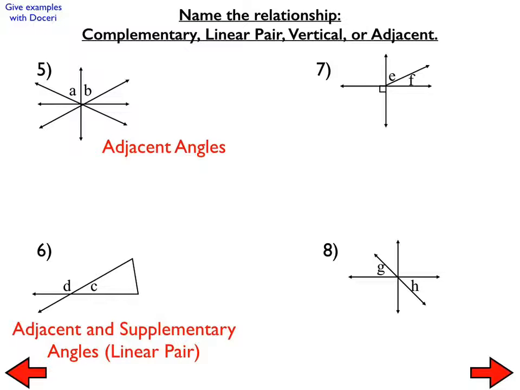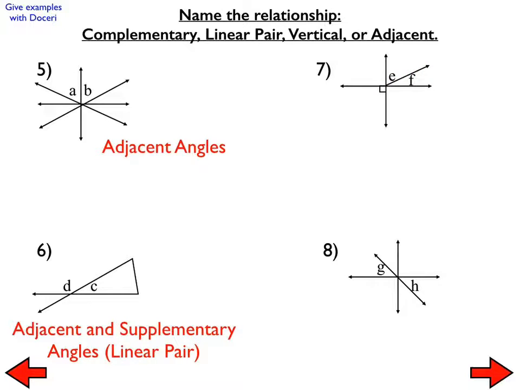Number 7. First, look at this box here. What does that mean? This is 90 degrees, right? And it's vertical to this side, which means this side is also 90 degrees. But that 90 degrees that I just wrote is split by E and F, right?